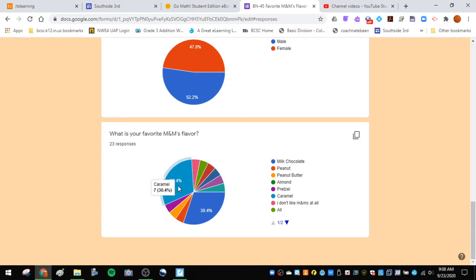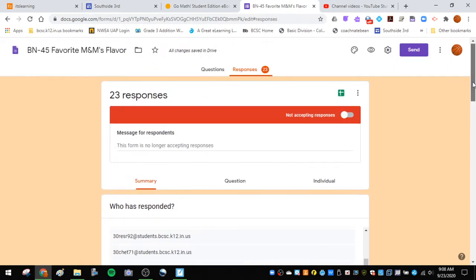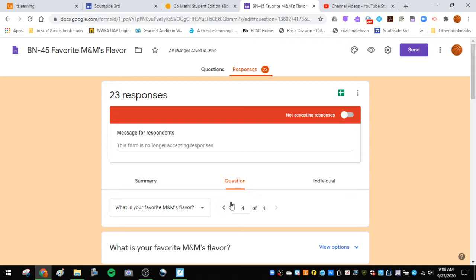All right, and we'll take a closer look at that. But if you click right here, what you're able to do is see, oh look, there are 7 people that picked caramel, 7 people that picked the milk chocolate, and then we can go in here and see that just a handful of people picked the other ones. Okay? So that's one way of looking at the data, but another good one is to go into the actual questions. All right?